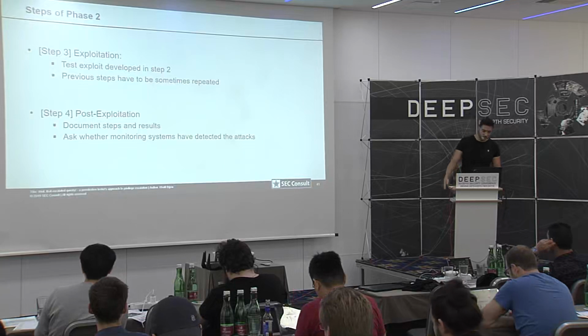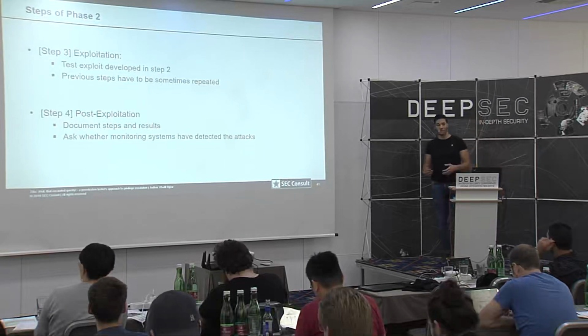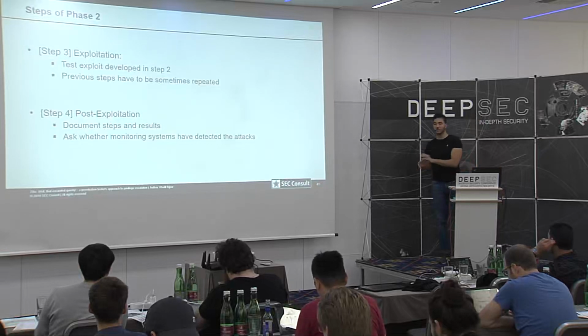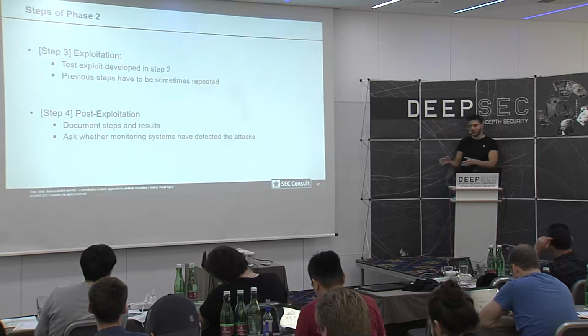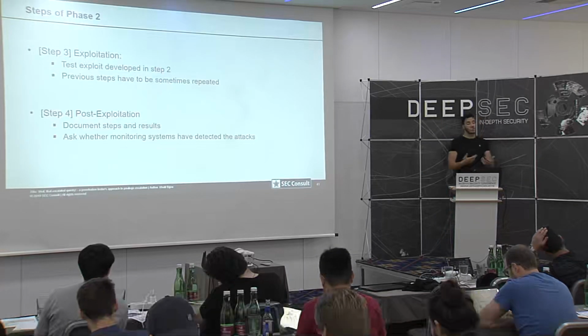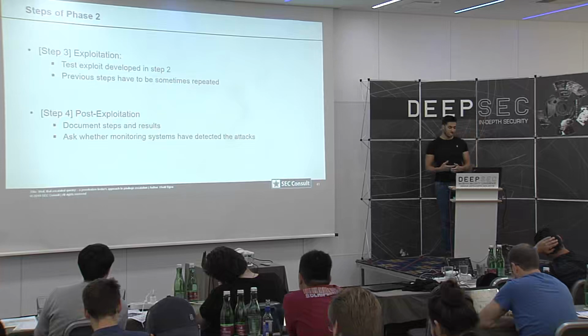In most cases they don't, but it's still valuable for the company that you're assessing to not only find out whether their notebooks or servers are vulnerable, but also whether they are detecting an attack while it happens.